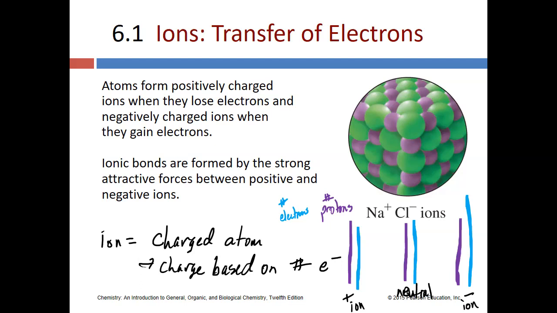But if there are 11 protons and 11 electrons, then we're talking about a neutral atom of sodium. If there are 11 protons but 10 electrons, now we're talking about a positively charged ion. If there are 11 protons but 13 electrons, now we're talking about a negatively charged ion instead. So the important thing to remember is that we really haven't changed anything from the nuclear standpoint. This week, it's all about electrons.